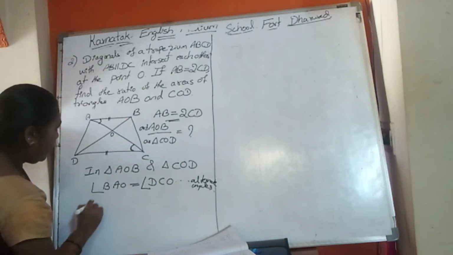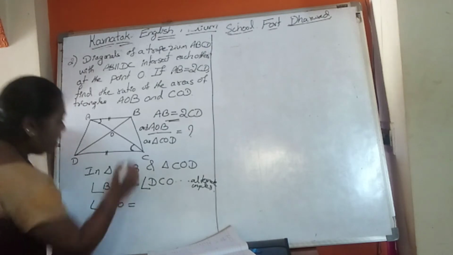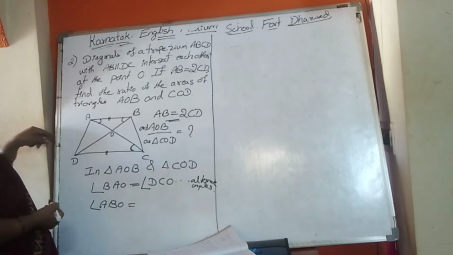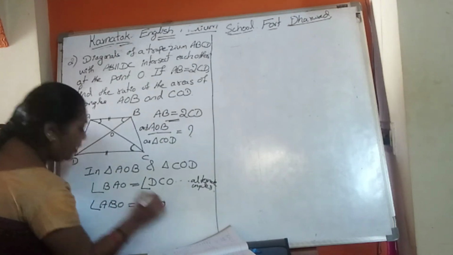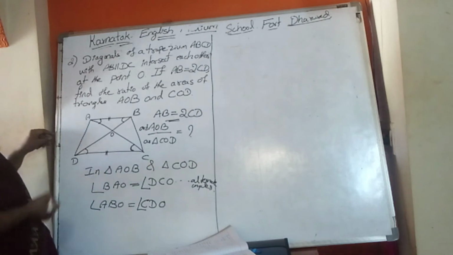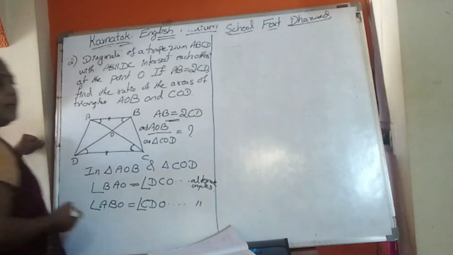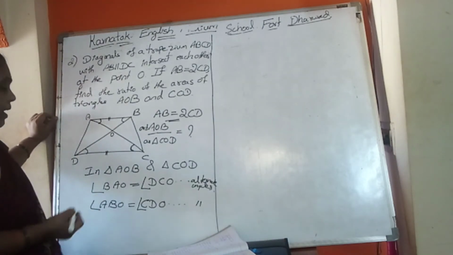Then angle ABO is equal to angle CDO. These are also alternate angles.